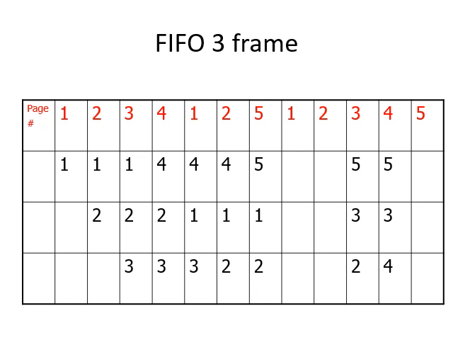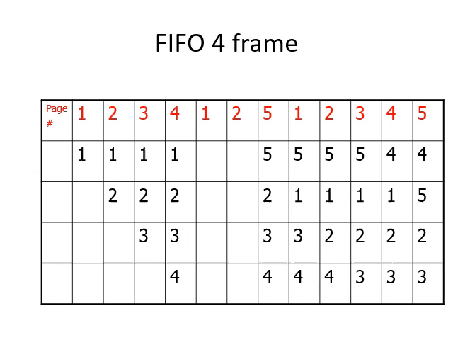It actually does that, but there are exceptions, there are anomalies. If I take the same example with 4 frames, instead of page faults decreasing, now instead of 9, I have 10 page faults.